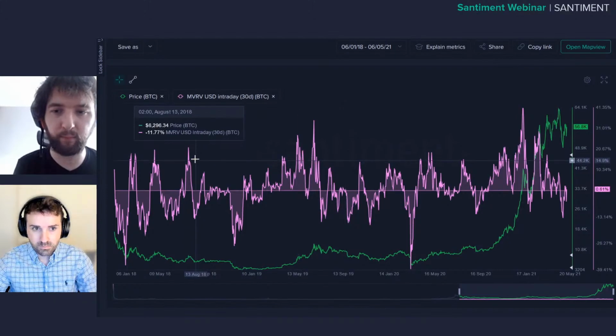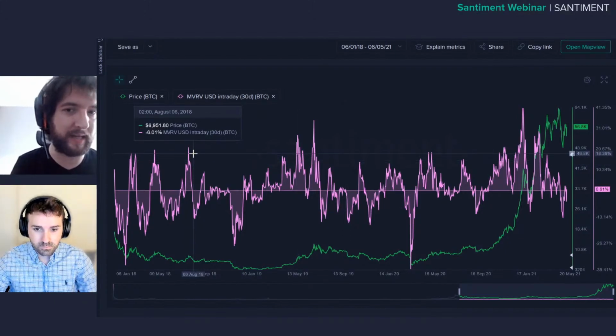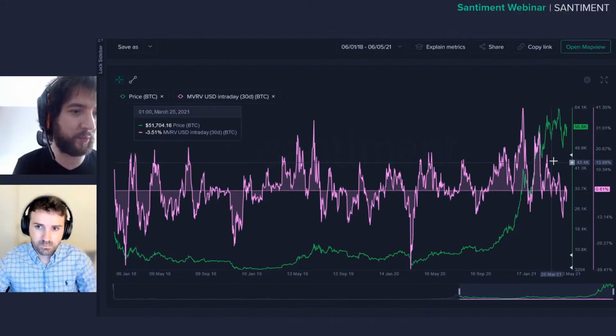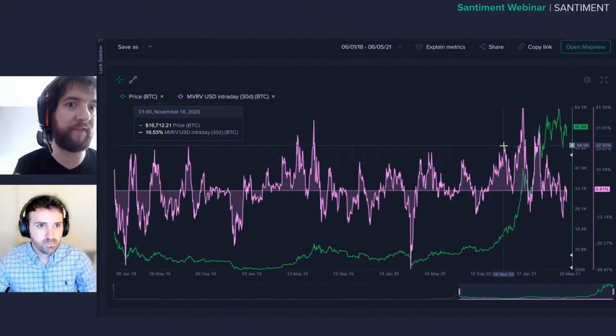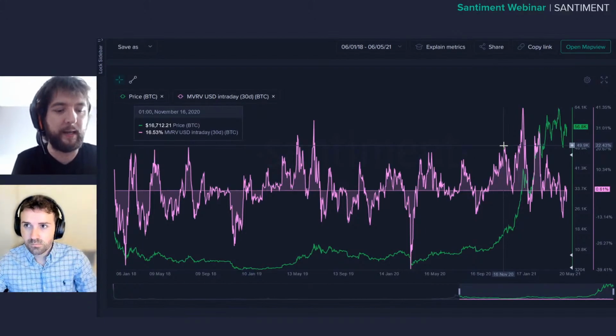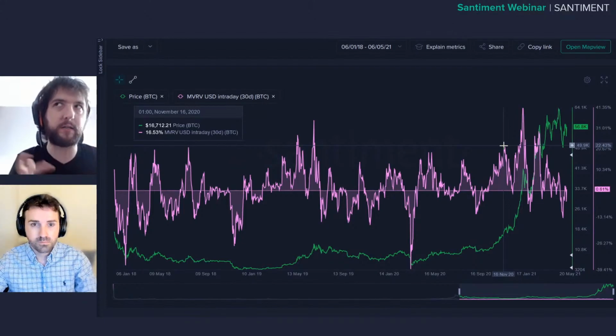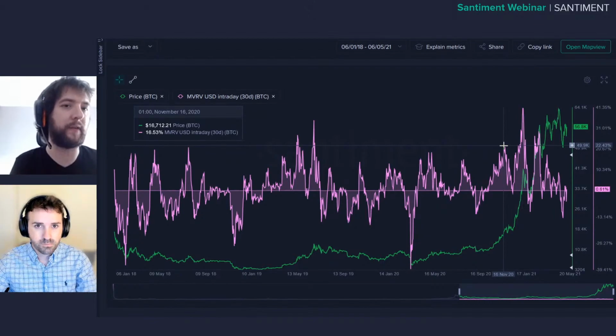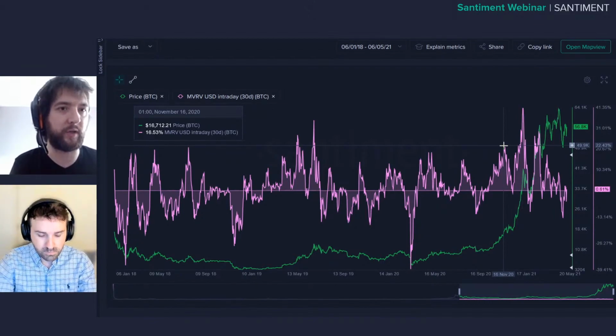So based on historical data, based on the last 2.5 years, levels above plus 20% are usually fairly concerning for Bitcoin's short-term holders, because essentially what they seem to signal is that at profit margins of about plus 20%, short-term holders begin to take some profits off the table.